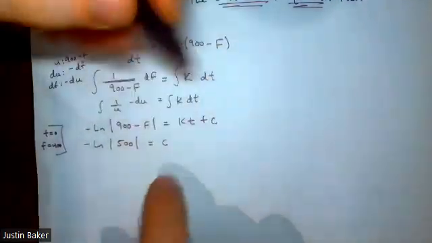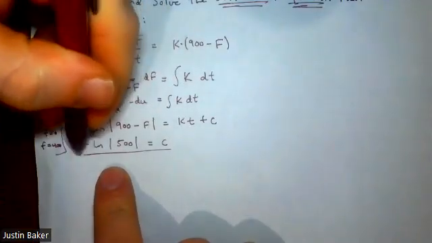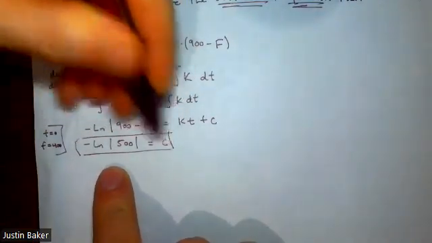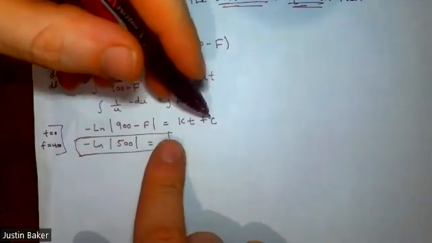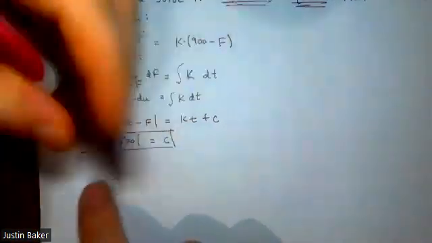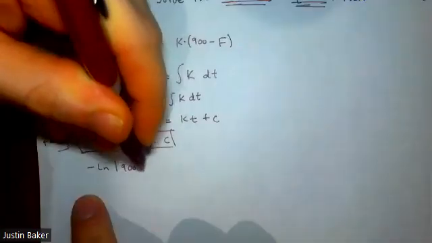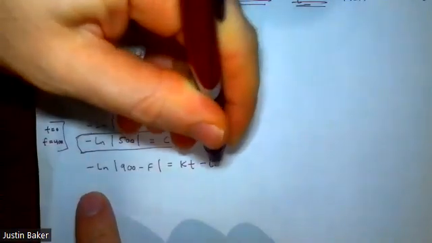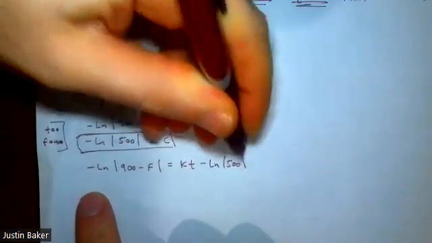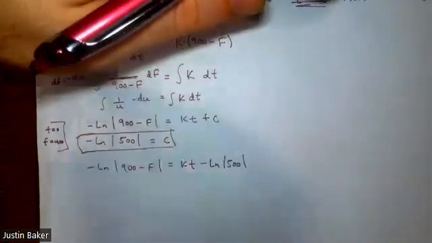So that's just going to leave us with c. So now I can see that c is equal to negative natural log 500. All right, so let's toss that back in. Negative natural log 900 minus F is equal to kt minus natural log of 500. That's our c now. Okay.